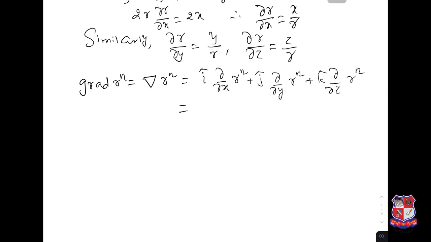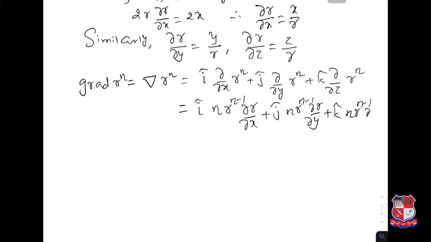Now we want to differentiate r power n with respect to x. So we can apply the chain rule. So first differentiate with respect to r. So n r power n minus 1, and then r differentiated with respect to x. We can do the same thing for y. So n r power n minus 1 delta r by delta y plus k n r power n minus 1 delta r by delta z.